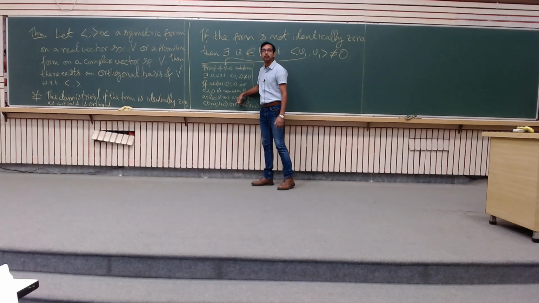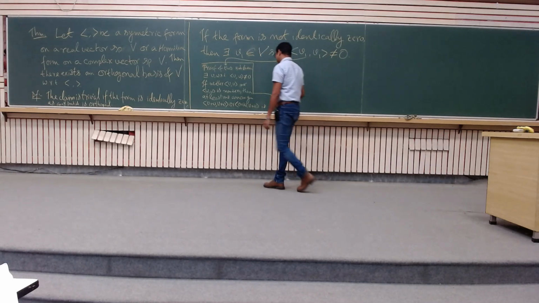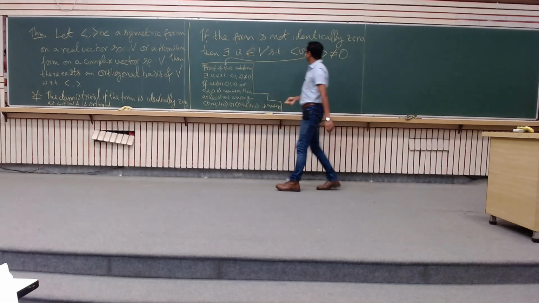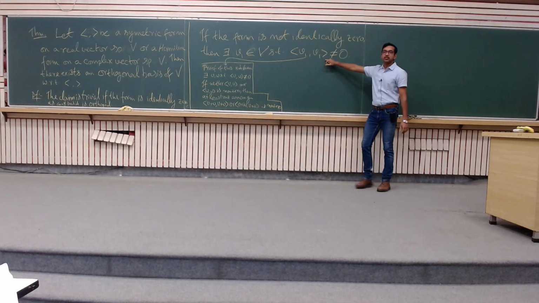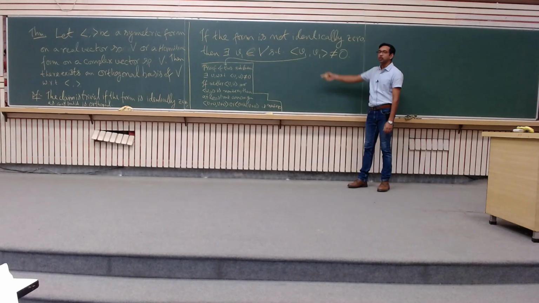At least one of these should be non-zero. So in any case, you are getting a vector whose product with itself is not equal to 0. Well, we are not calling it an inner product yet because this is not given to be positive definite. We are just calling it a symmetric bilinear form or a Hermitian form.